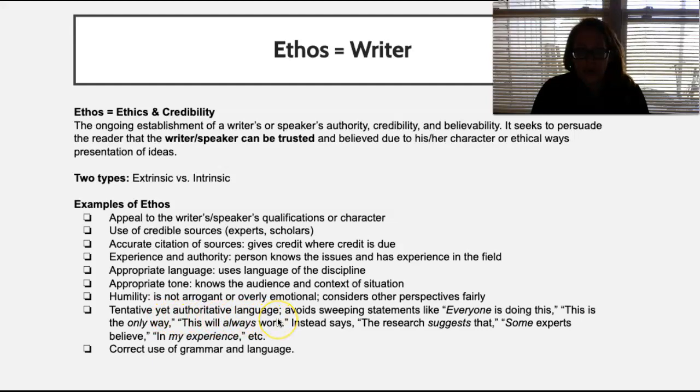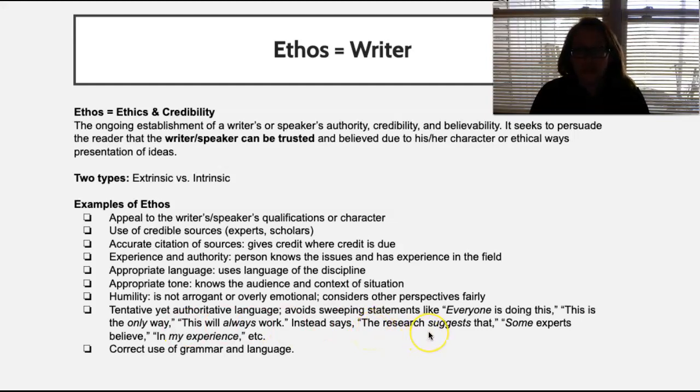Tentative yet authoritative language. You want to be authoritative and confident, but you don't want to be absolute or sweeping, because that gets along the lines of being overly emotional. Everyone is doing this. This will always work. This is the only way to do it. People who believe that are always this, or never think this way, or never consider this.